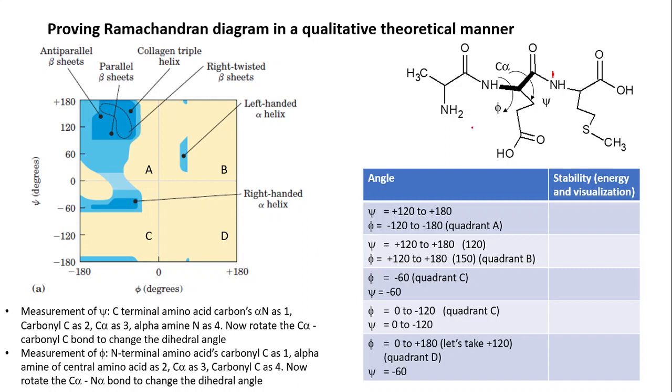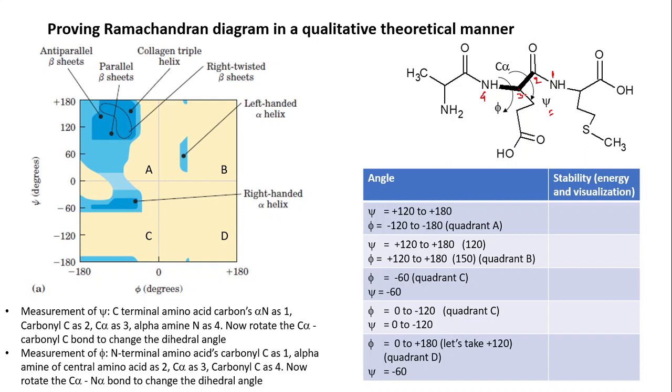Then the carbonyl carbon as 2, this one as 2. This alpha carbon as 3, and the alpha amine as 4. If you do this in Avogadro, this will create the dihedral angle psi, and you can rotate this like we have done before.